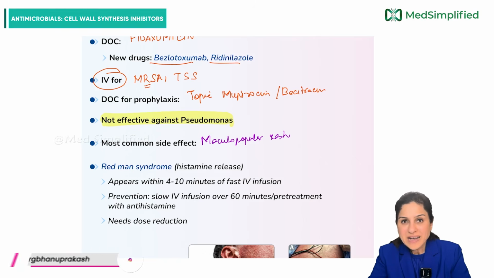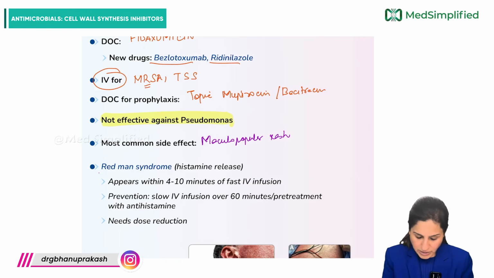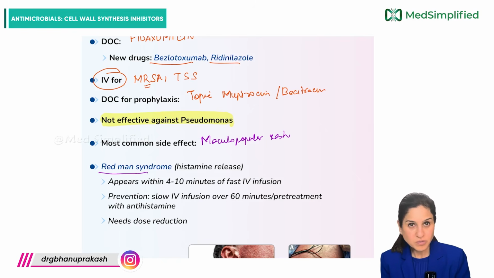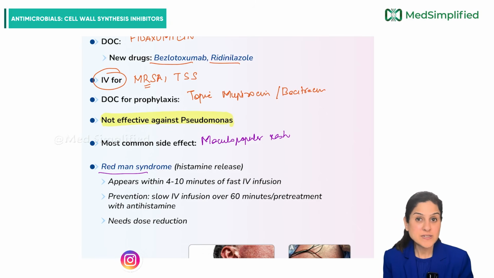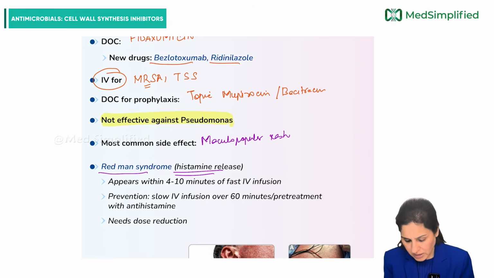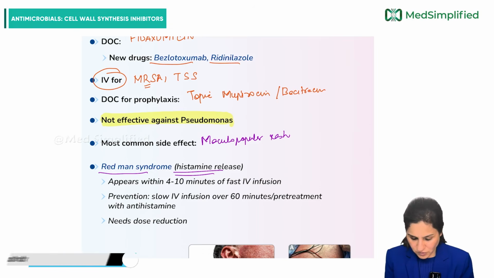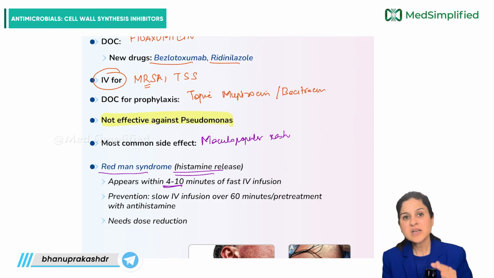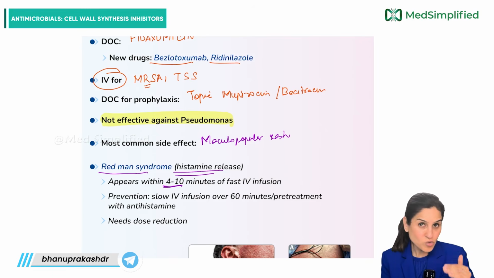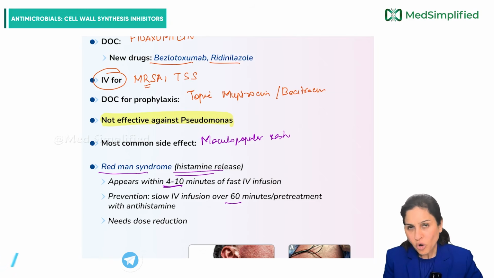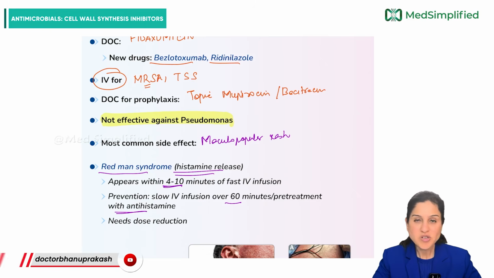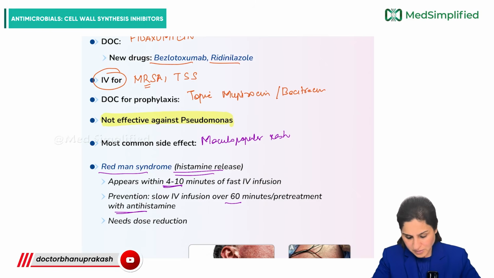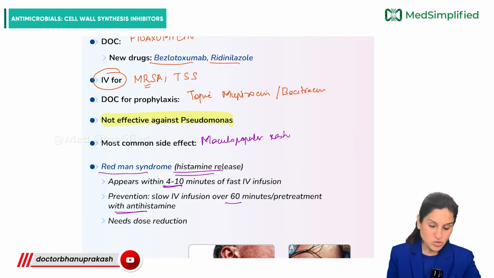Now, if we give vancomycin very fast by IV route, it leads to a condition called red man syndrome because of the release of histamine. When you give a very fast IV infusion, it appears within 4 to 10 minutes. How can you prevent it? By giving the IV infusion at a slow speed over a period of time, or you give an antihistaminic beforehand, and it definitely needs dose reduction.